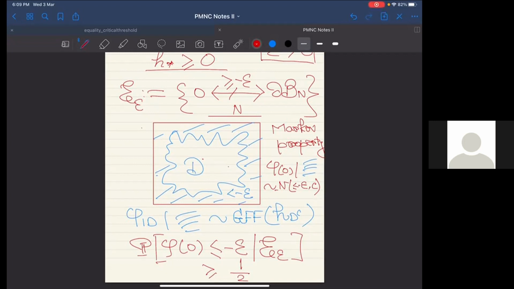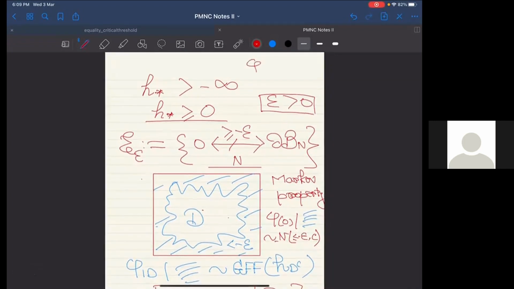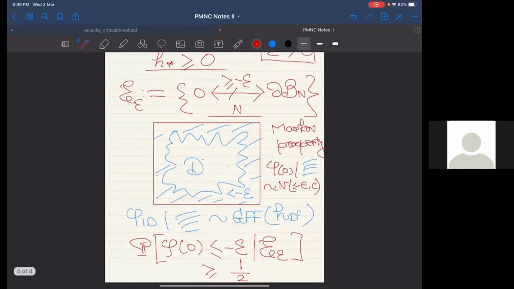But this doesn't quite match up with what phi 0 is. Unconditionally, phi 0 is a Gaussian variable with mean 0 and some variance. So the same probability that it is less than or equal to minus epsilon is strictly less than half.